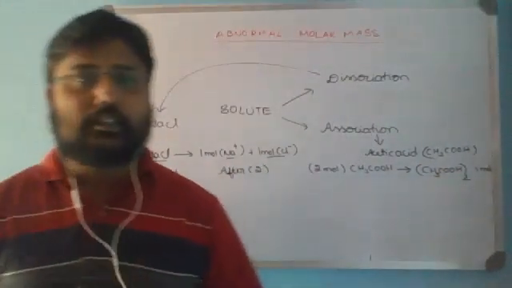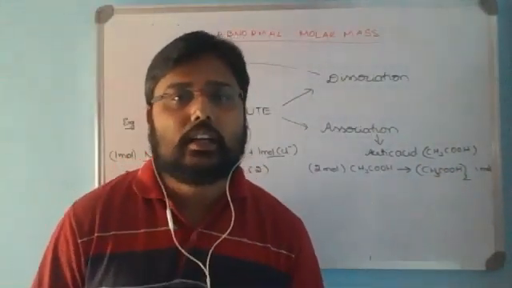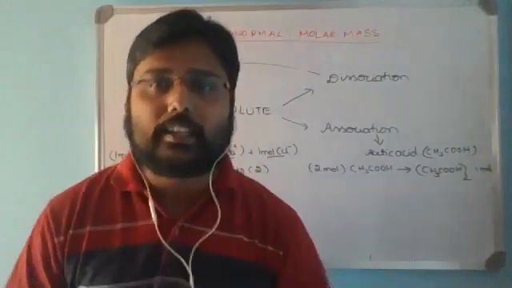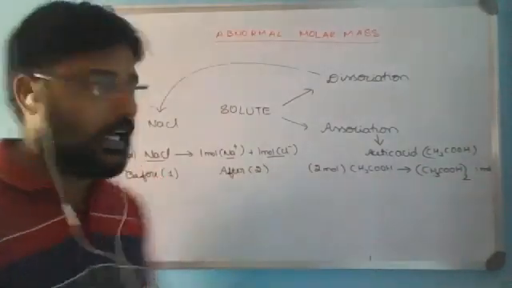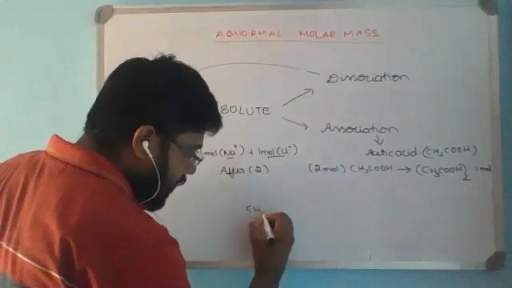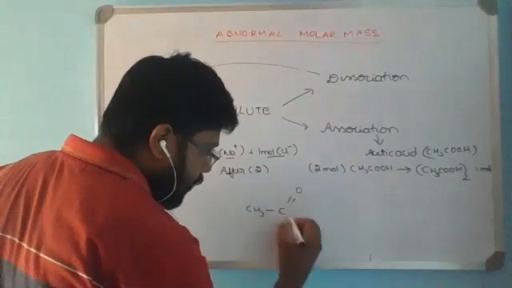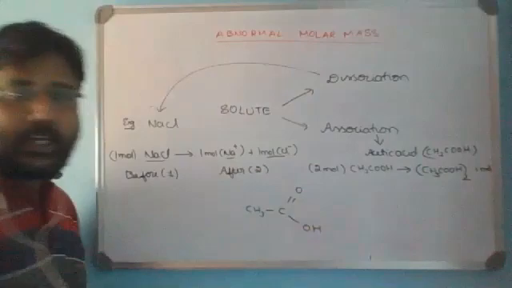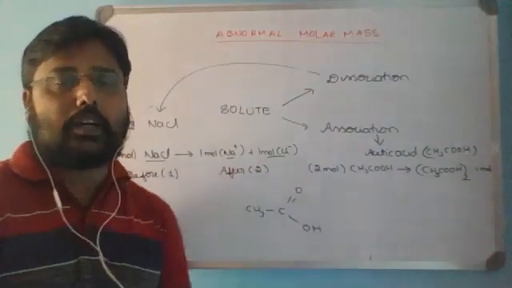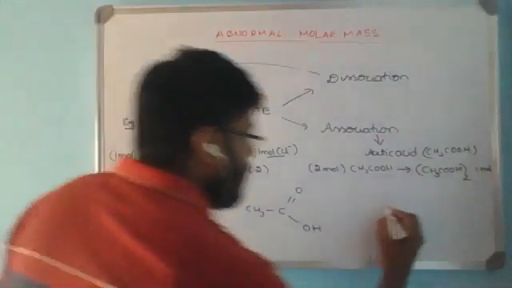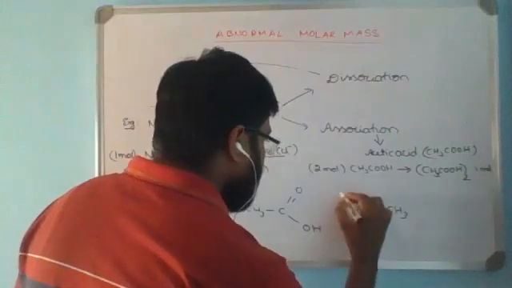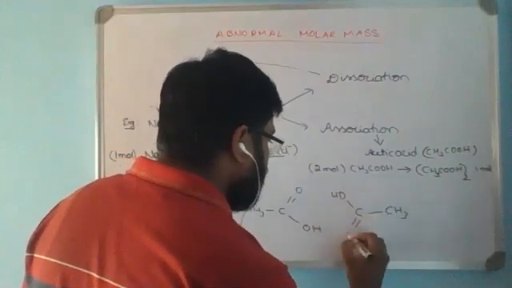Now the association of the solute is making 2 moles of acetic acid become 1 mole of associated particles in the solution. We can observe this with a simple diagram, the structure of acetic acid. You can observe here CH3 C double bond O OH, a hydroxyl group attached to the carbonyl group with R group as CH3, which is the formula of acetic acid. Similarly, we'll consider another acetic acid molecule, CH3COOH.